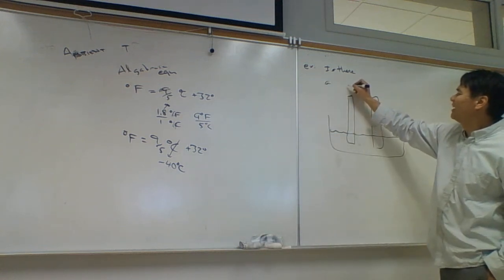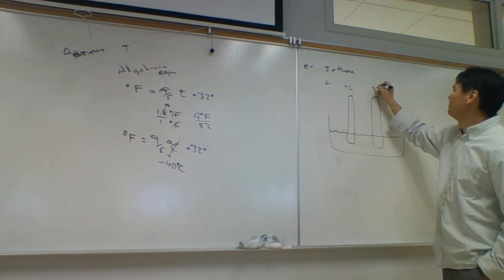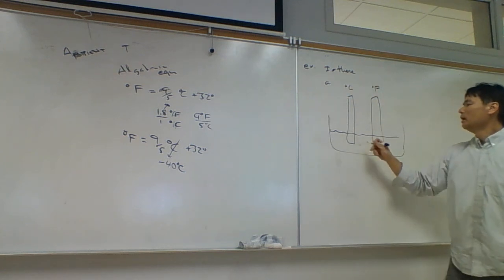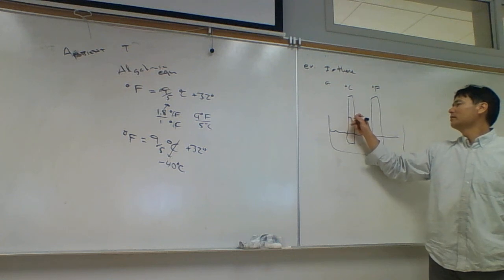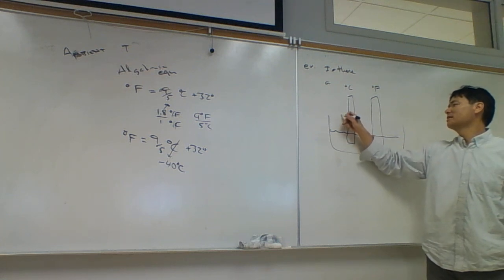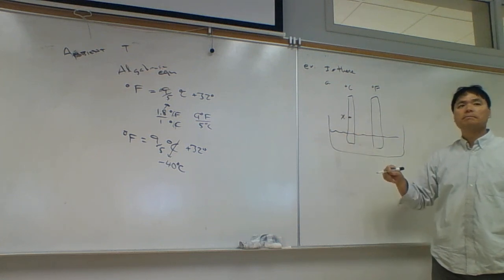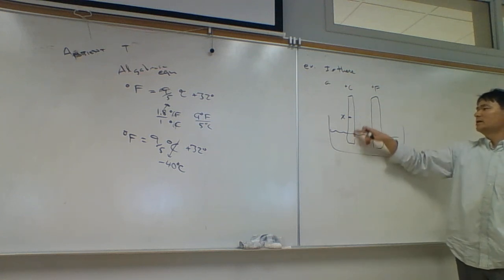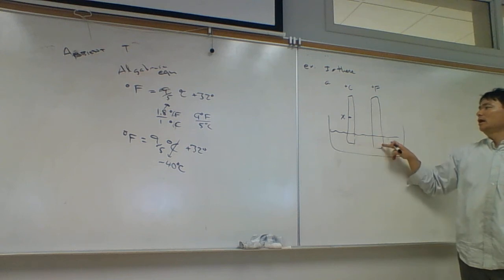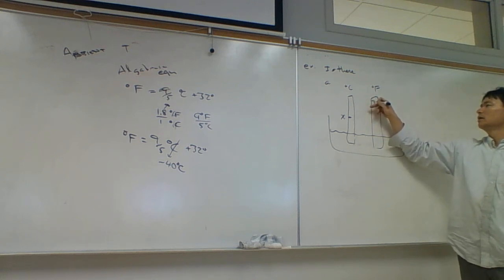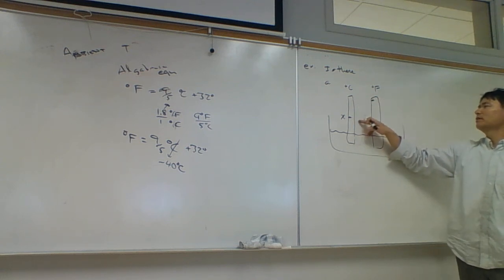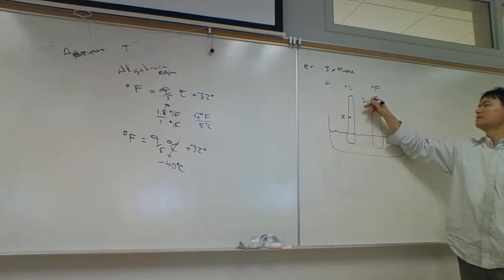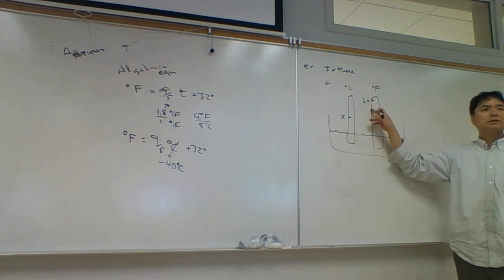and so here I have my Celsius temperature, here I have my Fahrenheit temperature. And let's say my Celsius temperature were X degrees Celsius. Okay, is there a temperature at which the Fahrenheit is twice the Celsius?